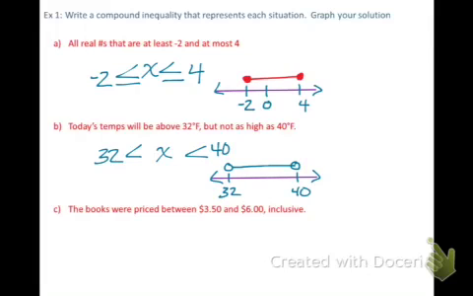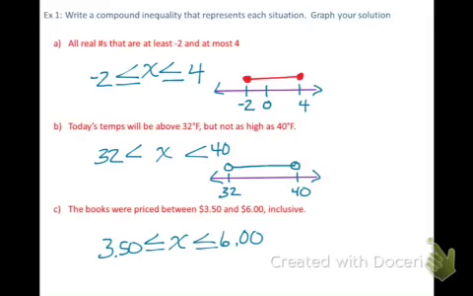Okay, C. The books were priced between $3.50 and $6 inclusive. Inclusive means it's included. So $3.50 and $6 will be included in that information. So it's an equal to also because it includes those two numbers. And the smallest it could be is $3.50 and the largest $6.